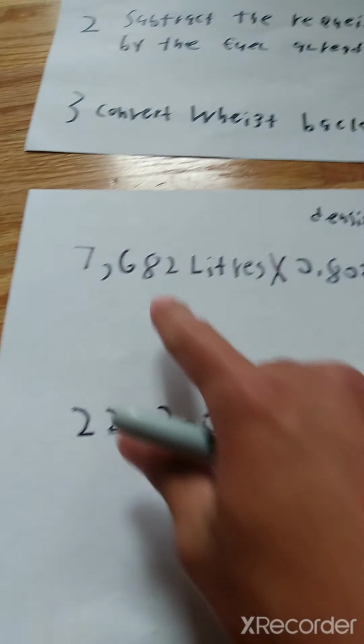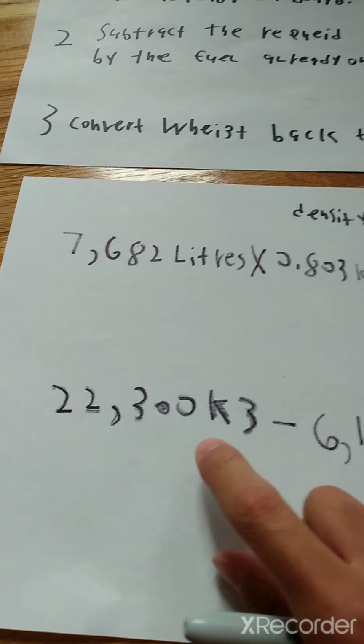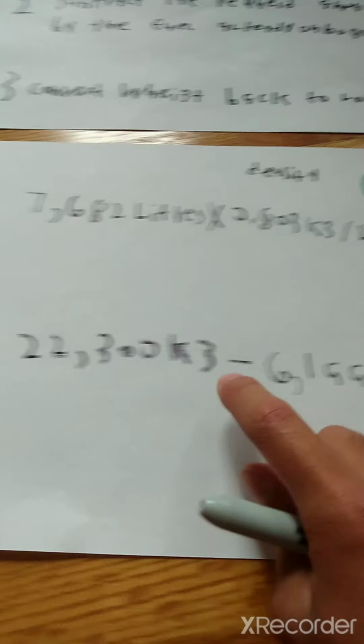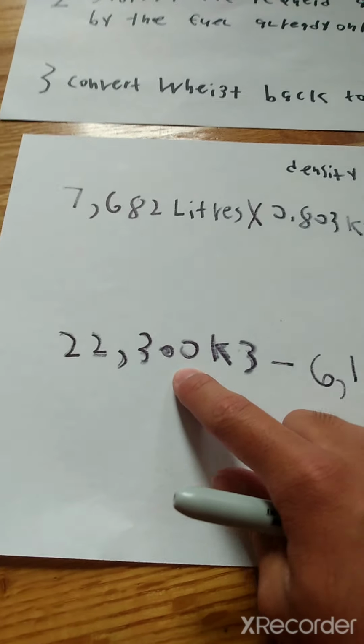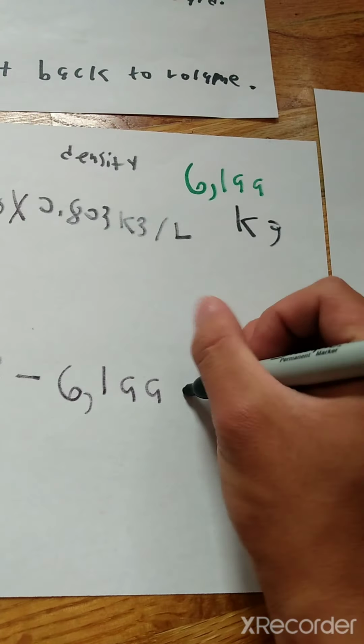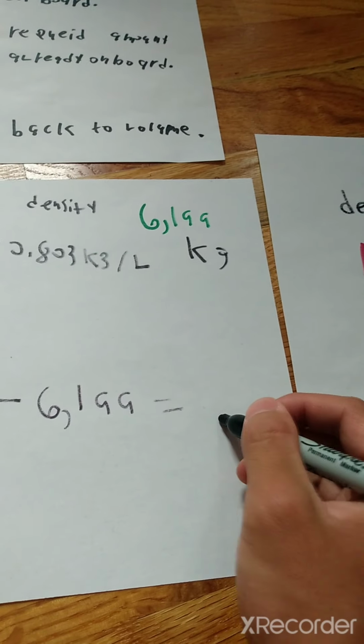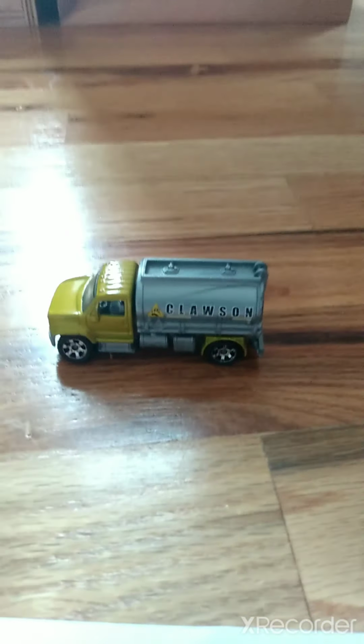Since there is already fuel on board, you can't fuel up the plane with that much. You have to have a total of that much fuel. So we're going to get an answer on step 2, the amount of fuel that needs to get onto the plane with the fuel truck.